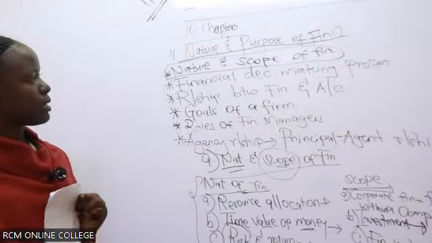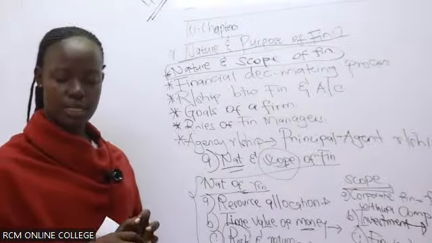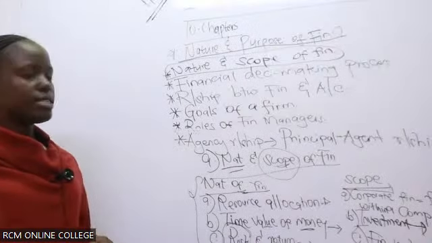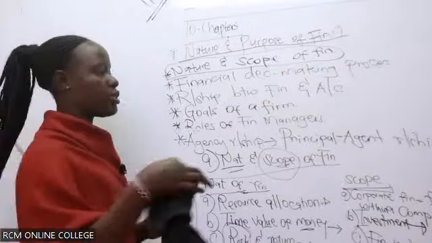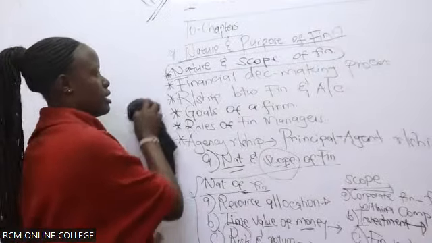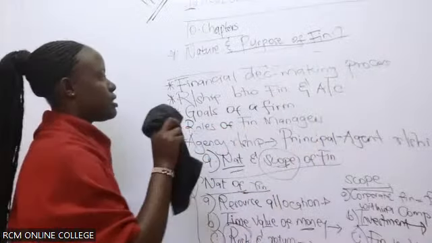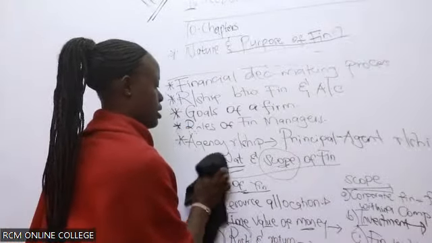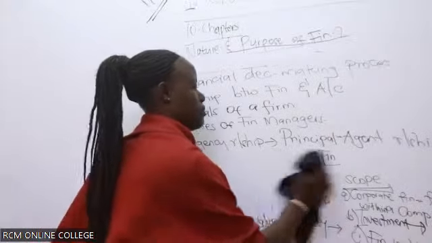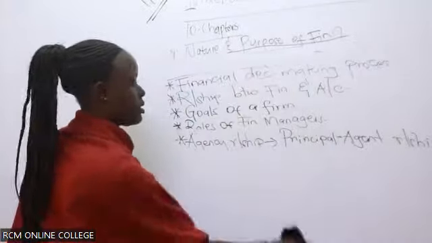Our second subtopic, we are to understand the financial decision-making process. We've already looked at nature and scope of finance. Now let's look at the financial decision-making process.